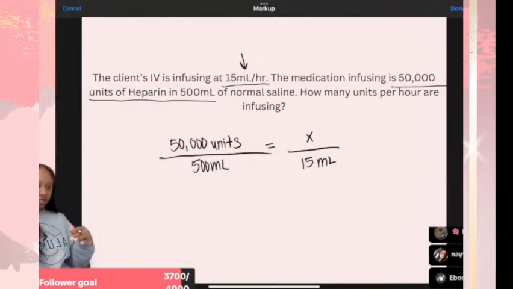So as long as you have the same unit of measure on each side, because it's an equal sign, the equal sign means equal, then you're good.